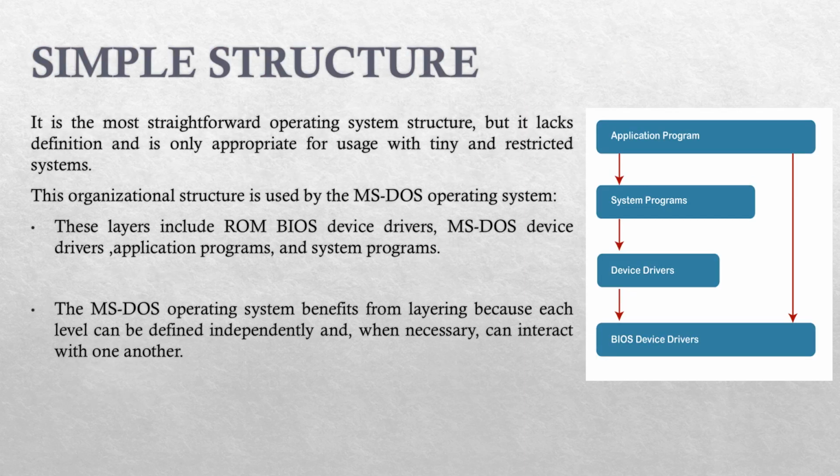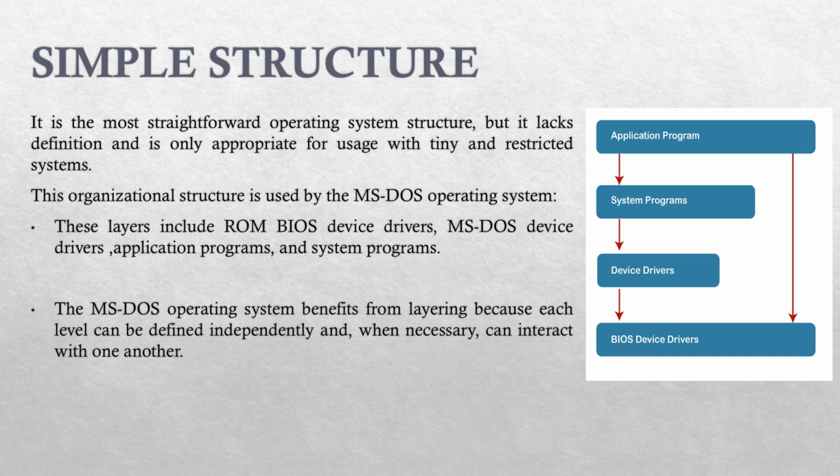Now we will discuss what a simple structure is. Simple structure is the most straightforward operating system structure. It is used for tiny and restricted systems. This structure is used by the MS-DOS operating system. We can see in the diagram there are different layers and each can perform its own task.